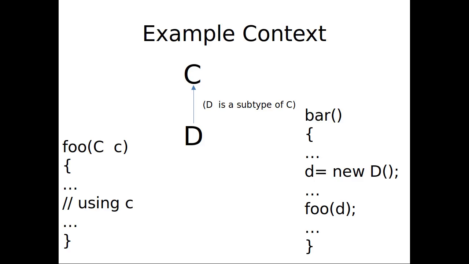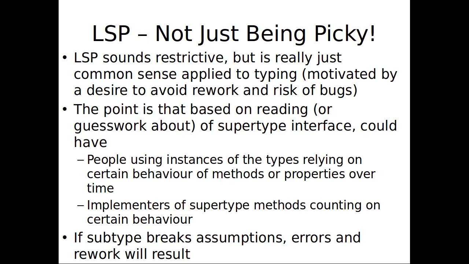But another group that uses that information are the people who create subtypes of C, right? You're creating a D. You're creating a subtype of C that could be passed around as a C. That's what Java gives you if you create a subtype. Those people also need to know about these specifications, right?